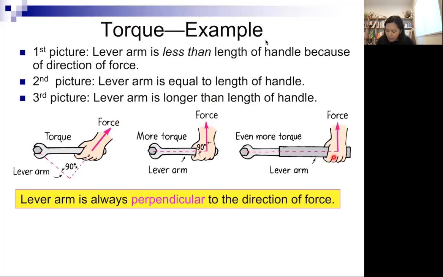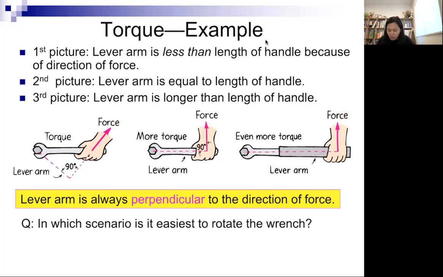In the third case, you've decided to extend the handle of the wrench, but you're still pulling directly upwards on the wrench here. So the question is, in which scenario will it be easier to rotate the wrench? Is it the first, second, or third case?